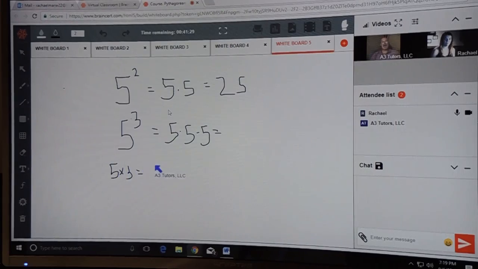It's like saying that I'm going to take 5 plus 5 plus 5, which equals, as you know, 15. So multiplication is a lot different than an exponent. Exponents are repeated multiplication. Multiplication is repeated addition. That makes a lot of sense.